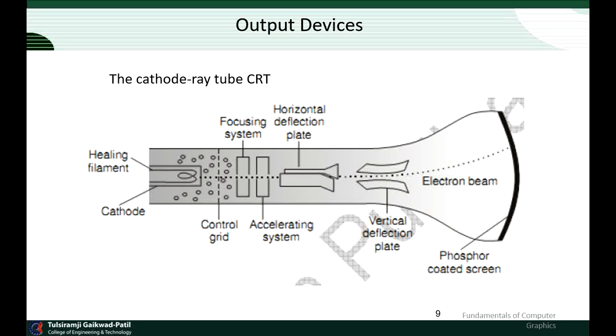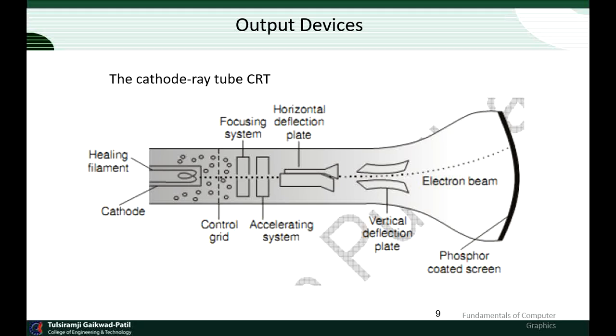Then horizontal deflection plates and vertical deflection plates will play the role of deflecting the electron beam according to the resolution of the screen. Horizontal plates are responsible for the number of rows on the screen, and vertical deflection plates are responsible for the vertical lines or columns of the screen.